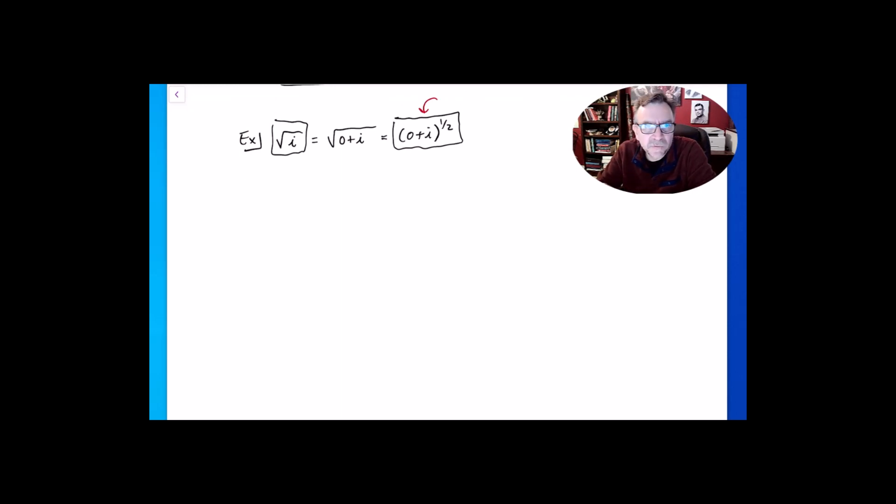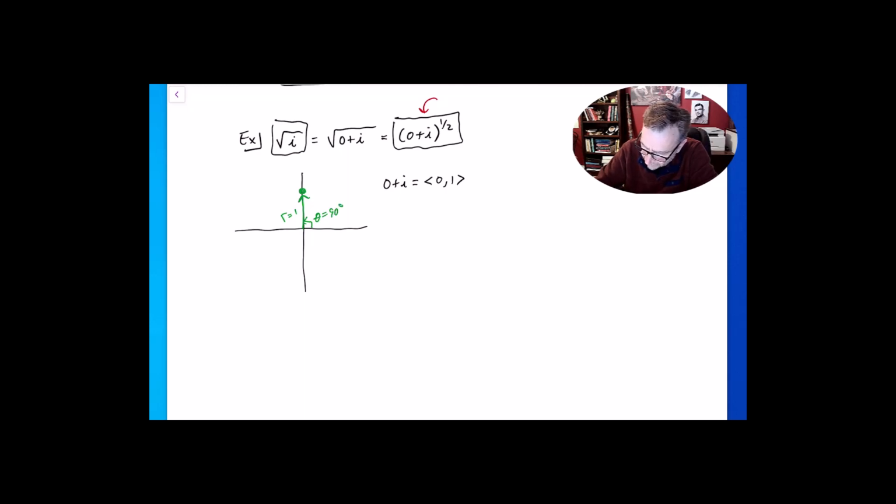Step 1, just like before when we were doing DeMoivre's theorem, step 1 is to get trig form of that complex number. All right, so 0 plus i is thought of as a vector in the complex plane, 0, 1. Okay, so 0, 1 is right here, where r is equal to 1, and the angle here, theta, is 90 degrees.